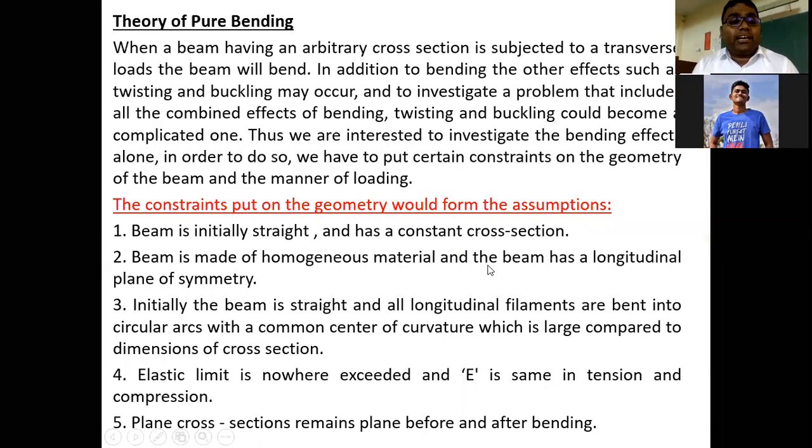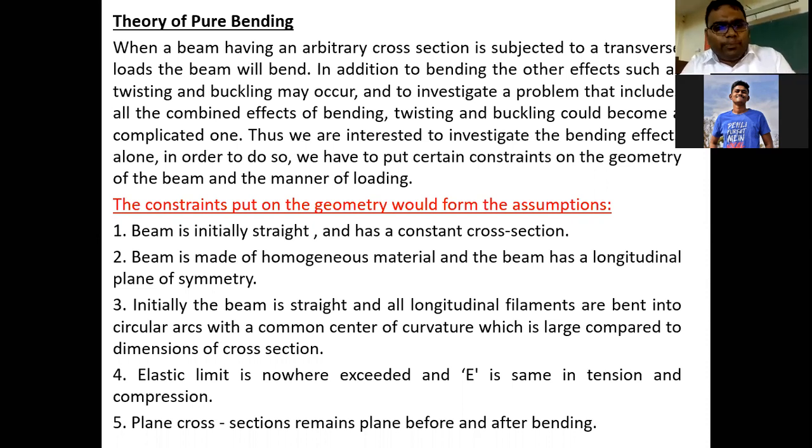Now it is time to derive the flexural bending equation. For that we have to take some assumptions, as in mathematics, where we most of the time take assumptions to derive an equation.